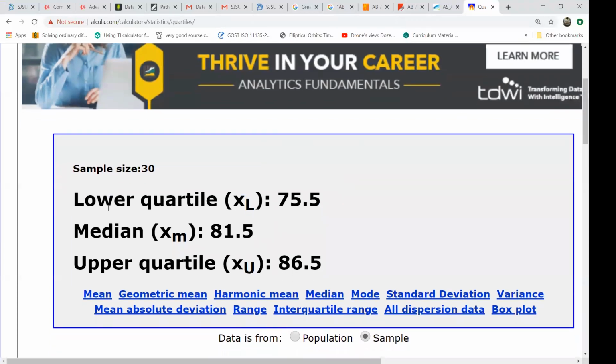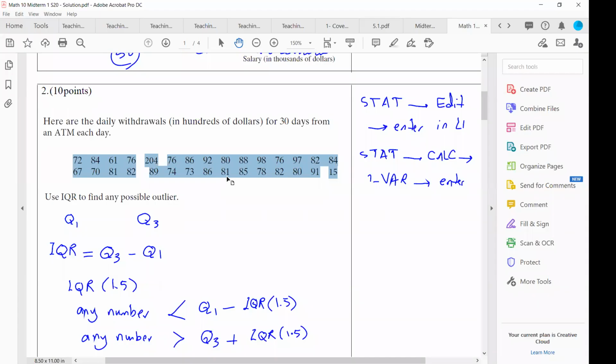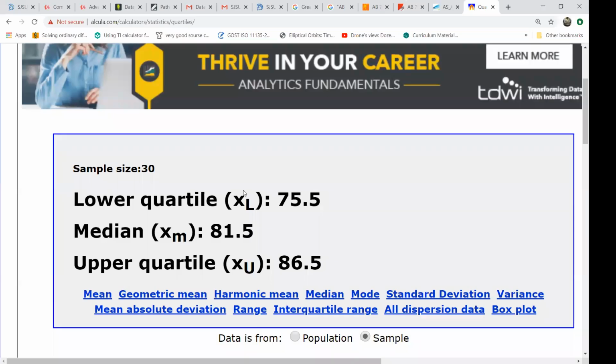So lower quartile or Q sub 1 is 75.5. Let us find Q3, 86.5.